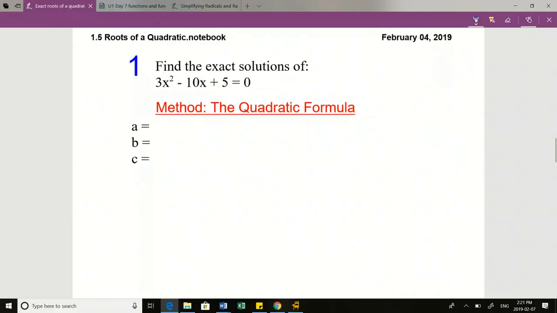So same deal, when I'm entering into the quadratic formula, I need something in standard form and set equal to 0. Do I have that right now? Yes, we do. Okay, so let's identify our a, b, and c with their signs and sub them into our quadratic formula.